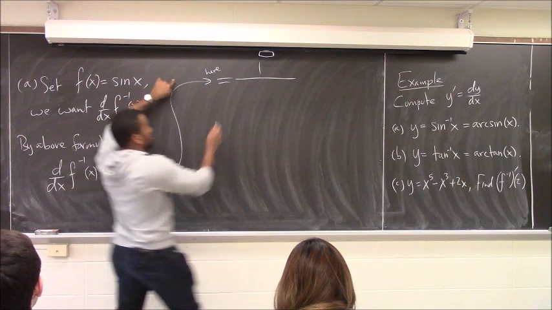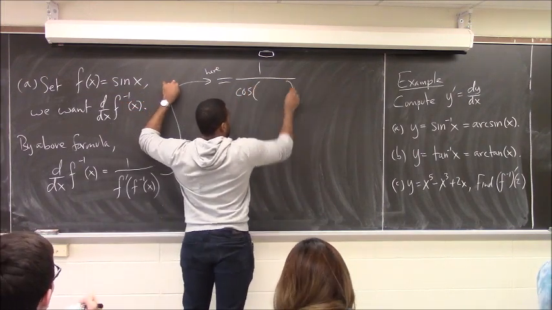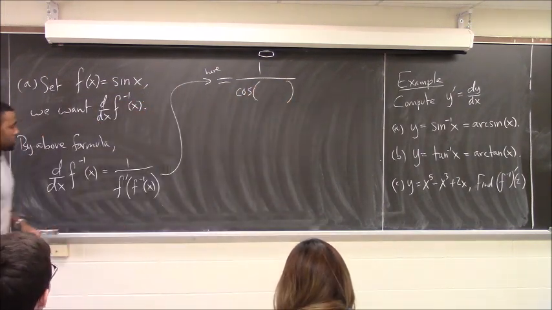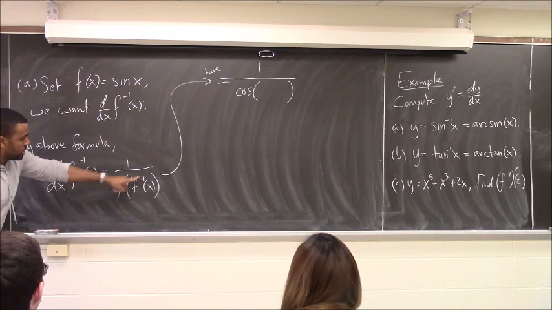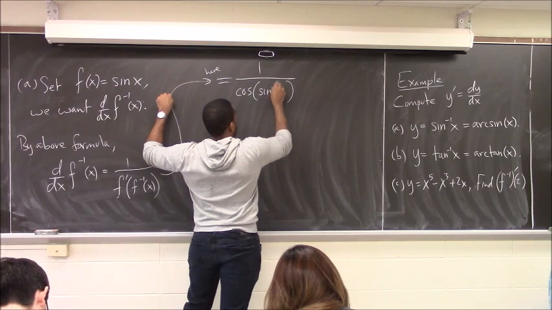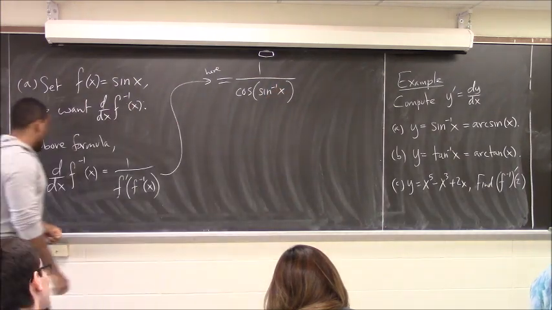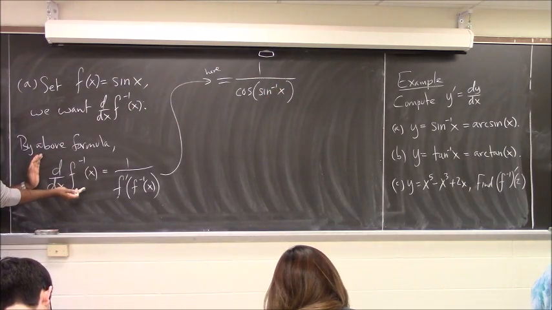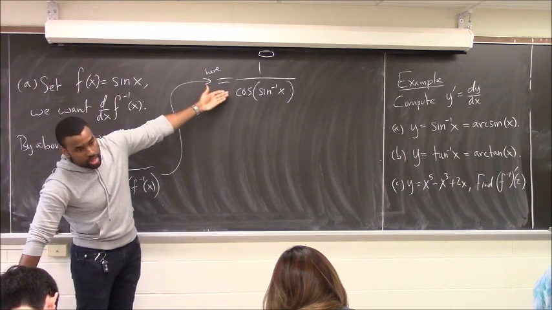Cosine. So that's cosine of the inverse function, but what is the inverse function if I have sine? Well, that's sine inverse. So it turns out that the derivative of sine inverse is equivalent to that expression.